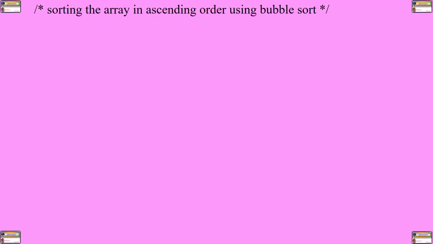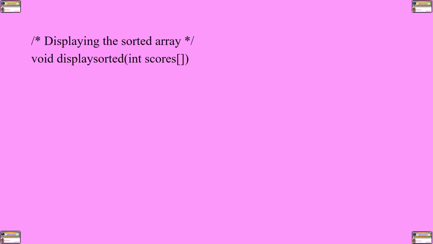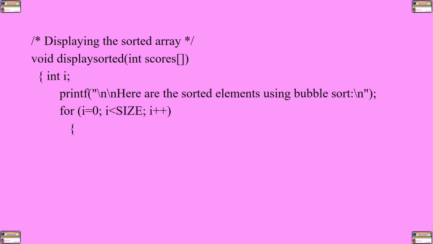The second function is for sorting the array, which is this function here that I will explain just now. The third function is for displaying the sorted array, similar to the program we discussed earlier in the previous presentation.